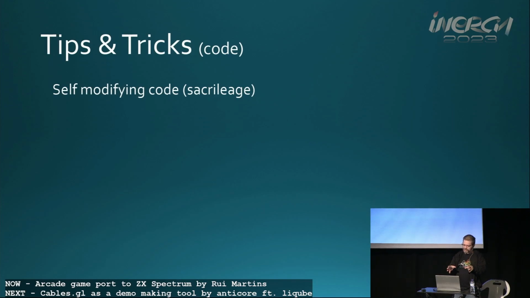I will not show assembly. I think it's too much for the audience in general. But the idea is, if you have an instruction like load BC, which is a register, with a value from memory, that takes 20 T-states, or clocks, to actually run.